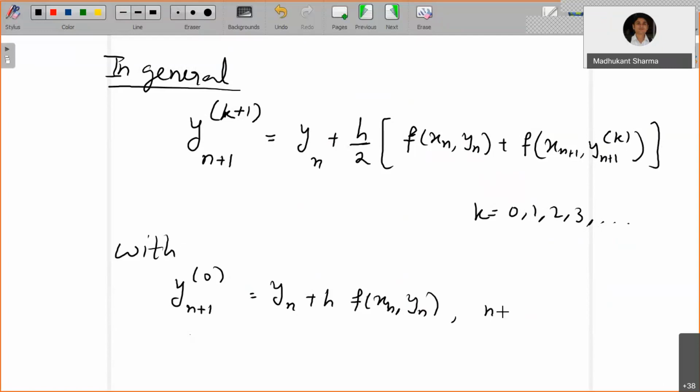This is for n equals 0, 1, 2 and so on. By putting n equals 0, you get y1 0. By putting n equals 1, you get y2 0 and so on. Then you are predicting the 0th approximation, and then you are correcting it.